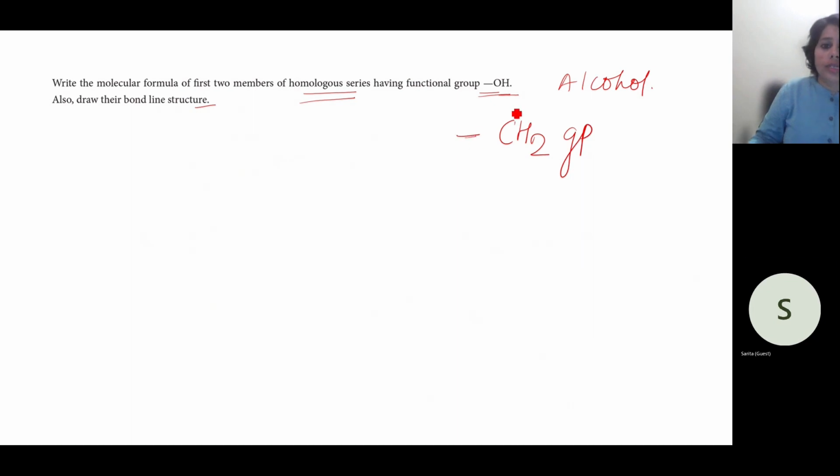Whether it is alkane, alkene, alkyne or any functional group like alcohols or carboxylic acids, the adjacent members will always differ by one CH2 group. That is known as a homologous series. So we have to draw the first two members of the alcohols. The first member of the alcohols is methanol.